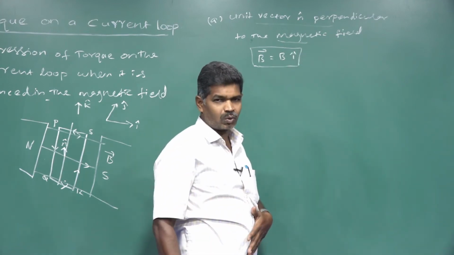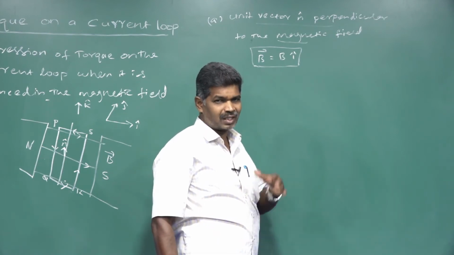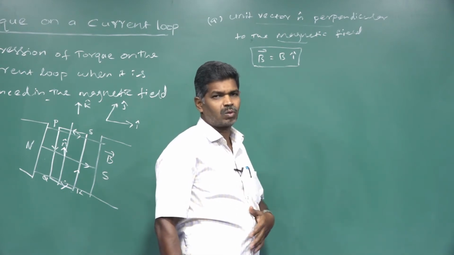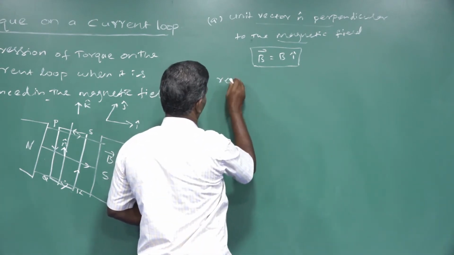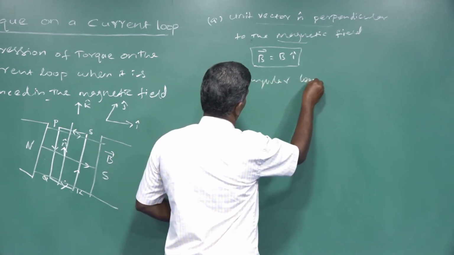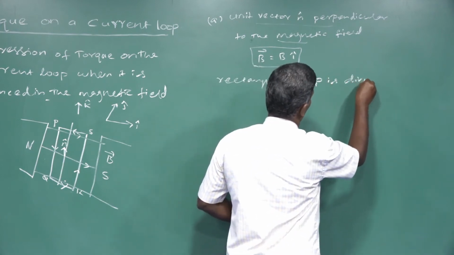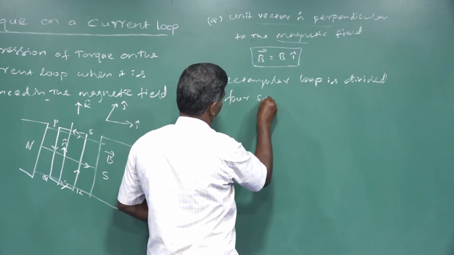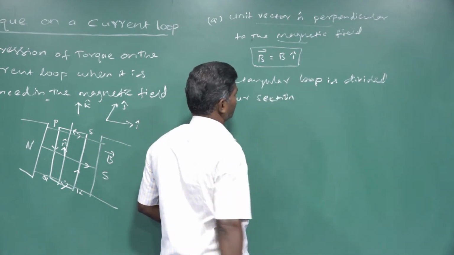In this magnetic field, we have a rectangular current loop. We are going to divide that rectangular loop into four sections.